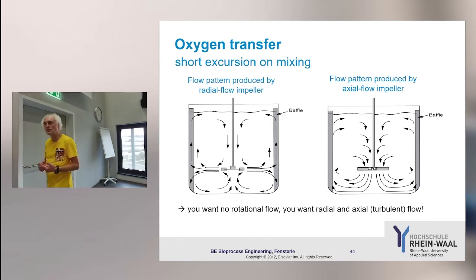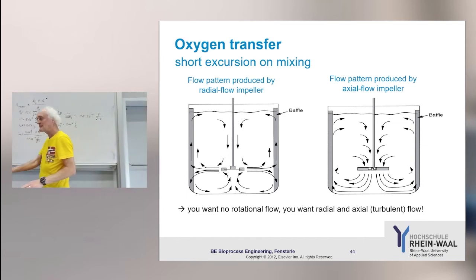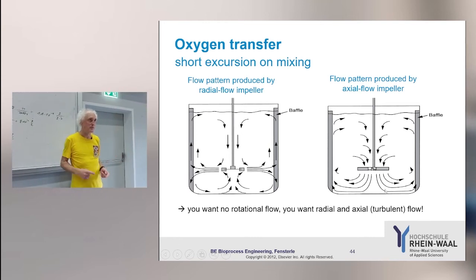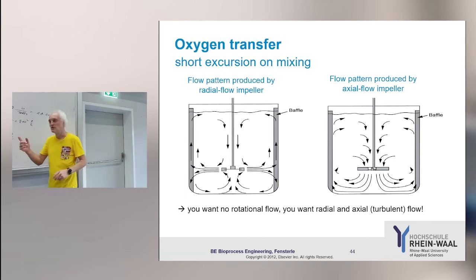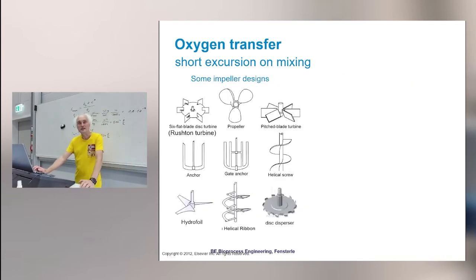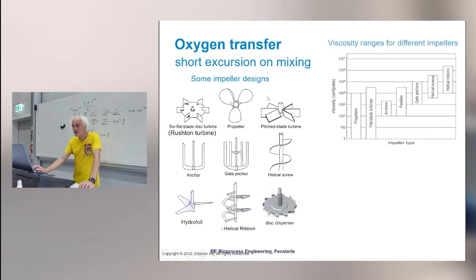You rarely use an impeller like this, which creates this axial flow pattern, in a bioprocess. So if possible, you use this one, and you will see in a second why. Because this is not the only impeller design. You can do different ones, and these are also used, but it depends on what you want to do, and on how viscous your liquid is.